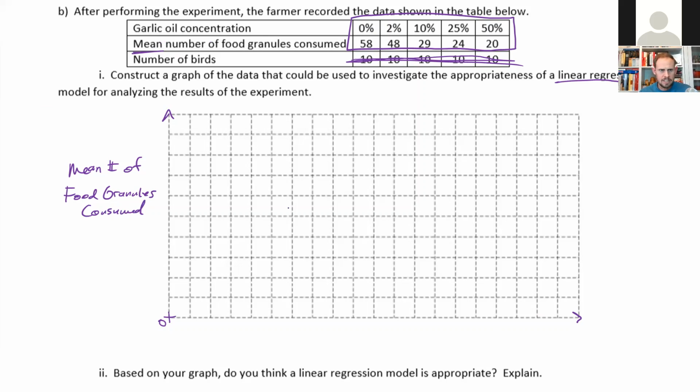And on the x-axis here, we're going with the garlic oil concentration. That's our other variable, garlic oil concentration. All right, so this is our explanatory variable down here, and this is our response variable over here.